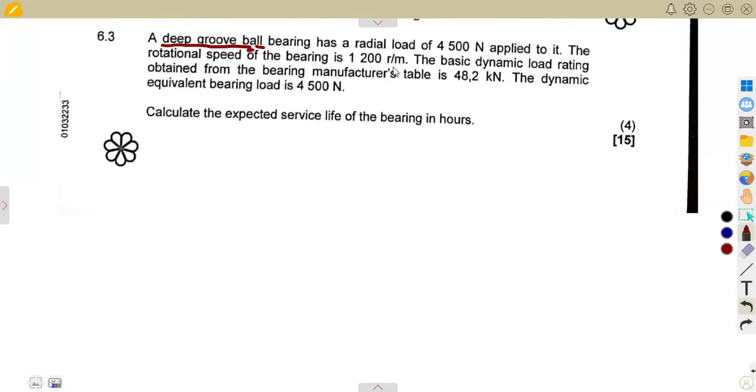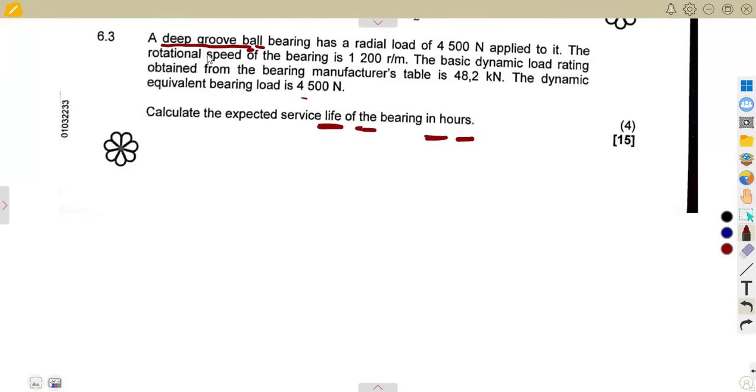This is revs per minute, take note this time. Then the basic dynamic load rating is obtained from the bearing manufacturer's table, and the dynamic equivalent bearing load is 4,500 Newton. Calculate the expected service life of the bearing in hours.